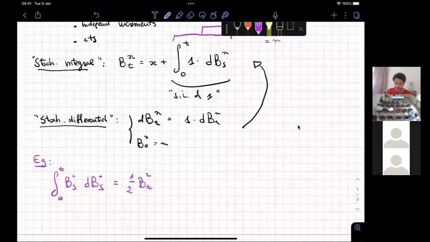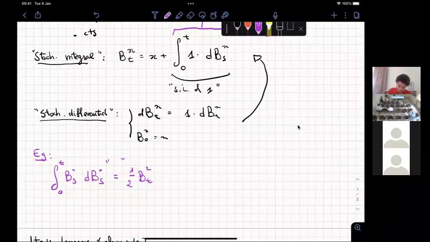But here, thanks to how this stochastic integral is defined, and again, I want to define that for you, but just trust me, this is equal to 1/2 B_t squared, but then there is a sort of correction, which is actually of order 1/2 t, if I remember, or something like that.